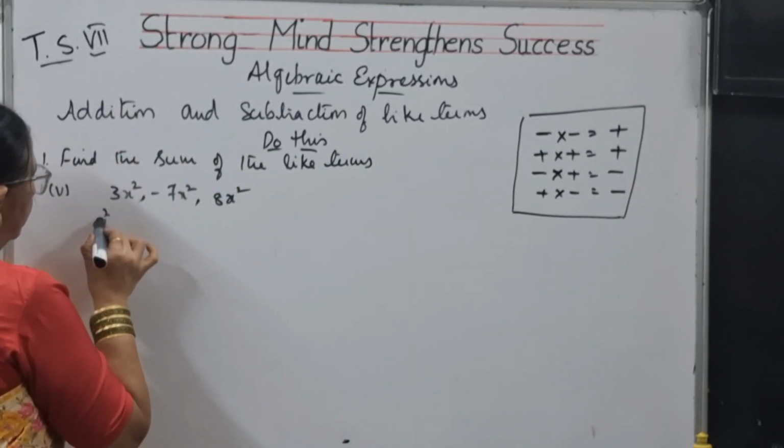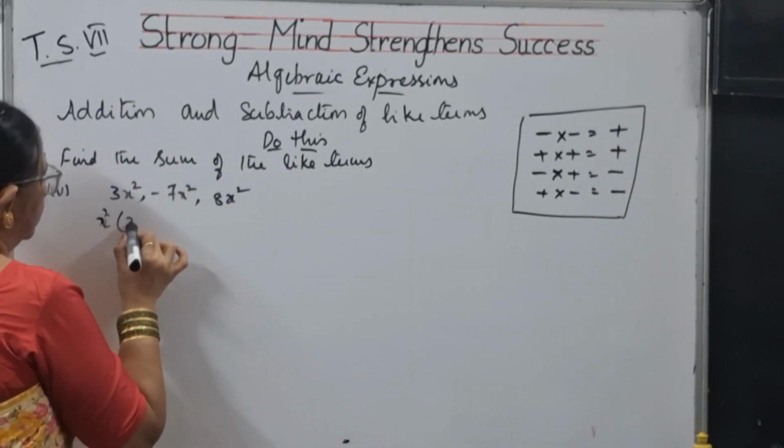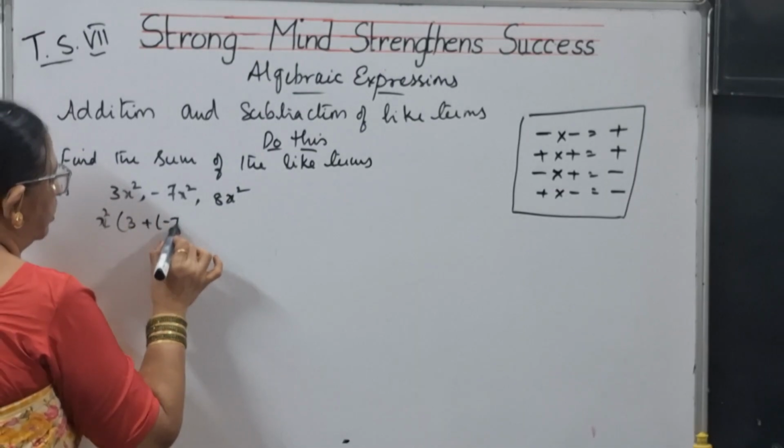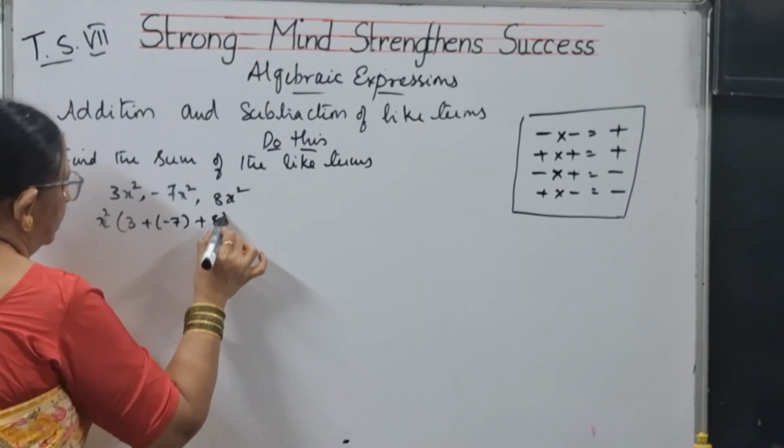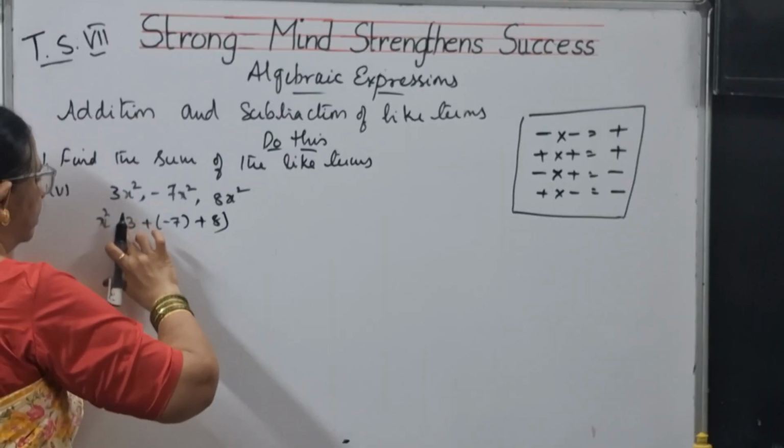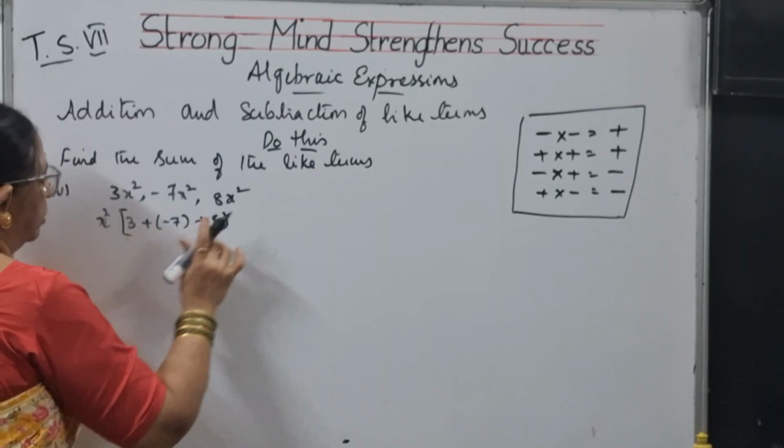So x square into 3 plus of minus 7 plus 8. 2 brackets are there, so better you take a big bracket here.